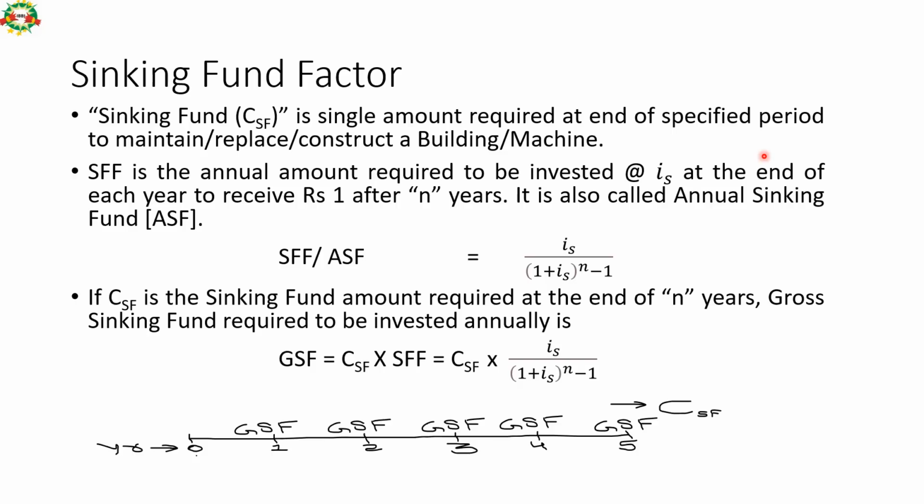So now you have to keep aside a certain amount of money to accumulate that 50,000 rupees after 5 or 10 years. That amount which you require after a certain period of time is sinking fund. And the amount which you are required to keep aside to accumulate 1 rupee after that period is called sinking fund factor. And this is the formula, correct?